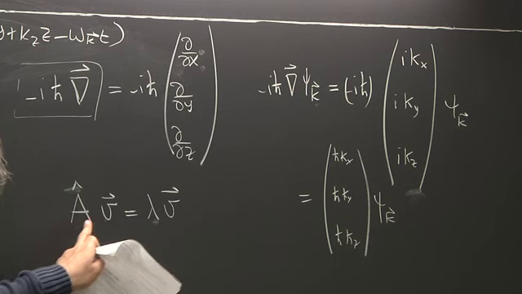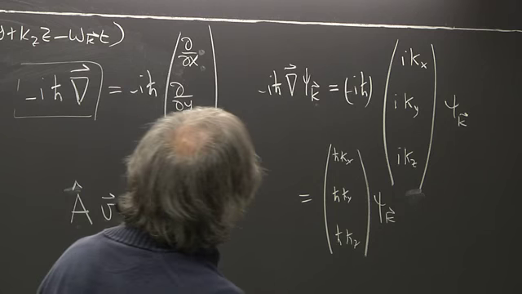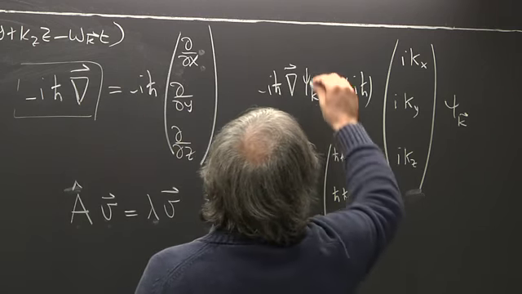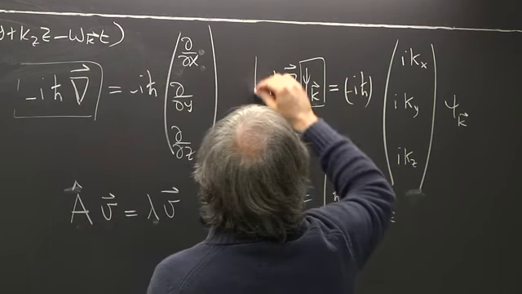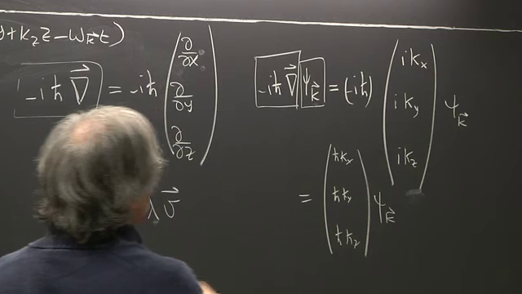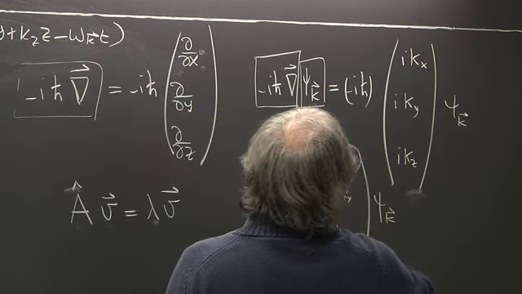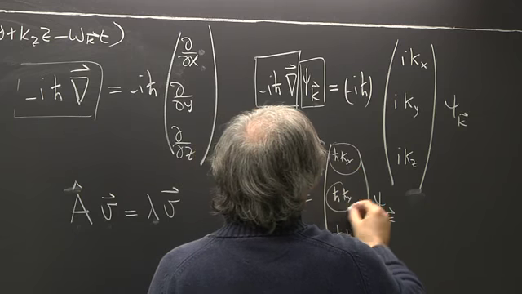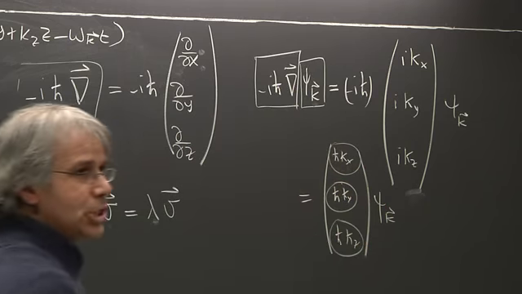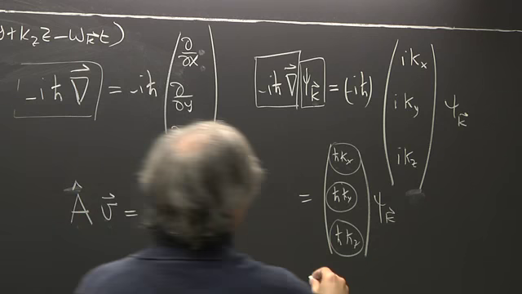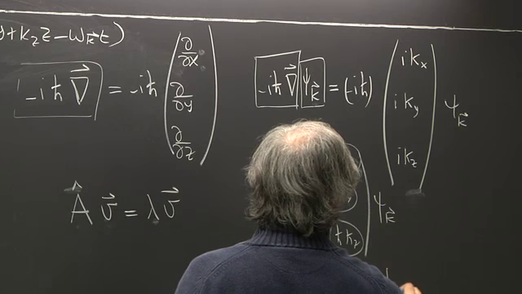So this is an eigenvector of A with eigenvalue lambda. Now this is telling us the following thing. The plane wave of momentum k is an eigenvector of this momentum operator, which is a vector, with eigenvalues: the first component is h bar kx, the second component h bar ky, and the third component h bar kz. Okay? Or, just to be short, h bar k times psi of k.